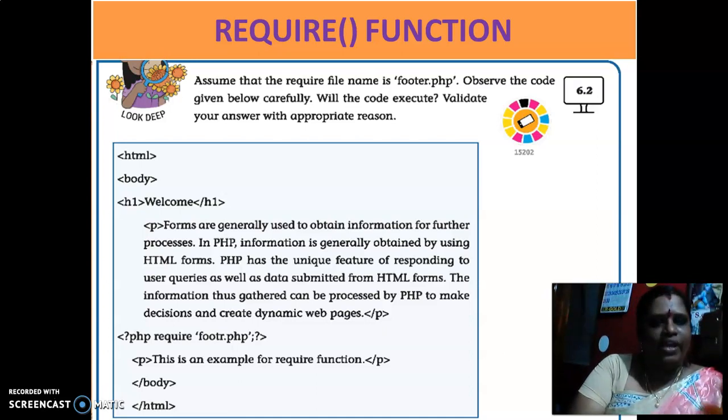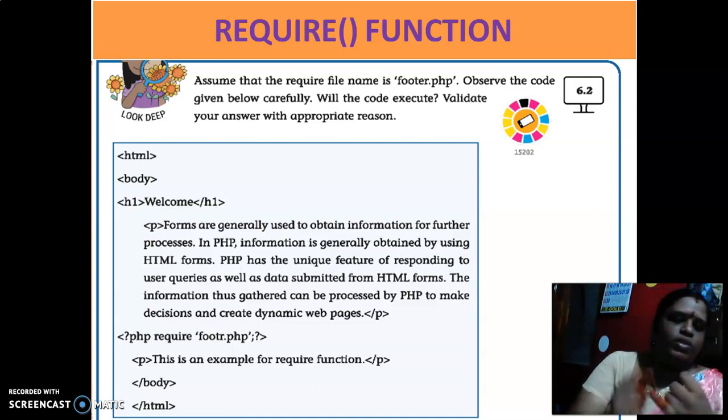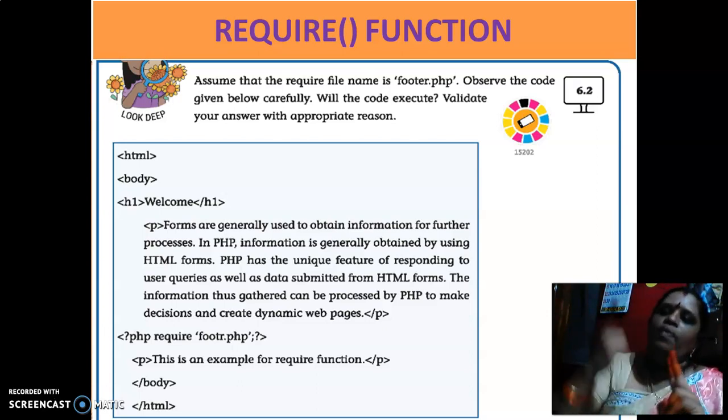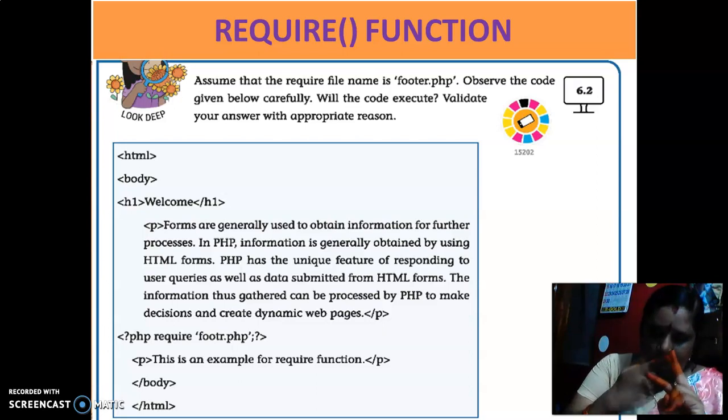So we can quickly see what all the things we saw. We saw how to include something, because if you want to repeat a footer or a header or any data repeatedly in a website, we can easily do it by using the include function. For repeating the data multiple times, we use two types: one is include, the next one is require. The include syntax is include file name, and the require syntax is require file name, like this.